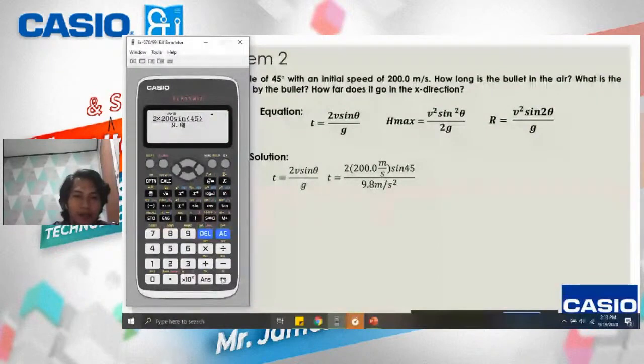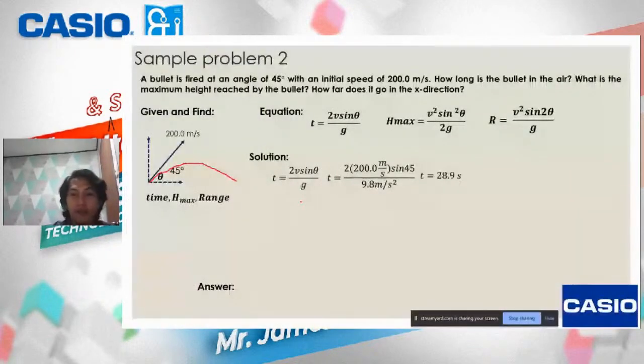So our answer is 28.86. So let's see kung parehas tayong sagot. Yan, 28.86. So ginawa natin siyang 28.9 seconds. So this is the time traveled, or the time the bullet is suspended in the air.